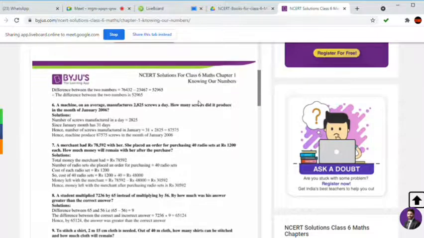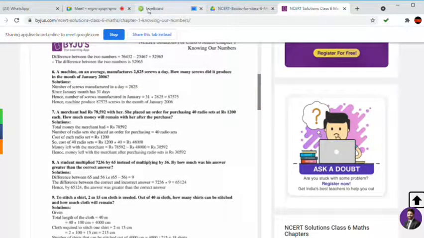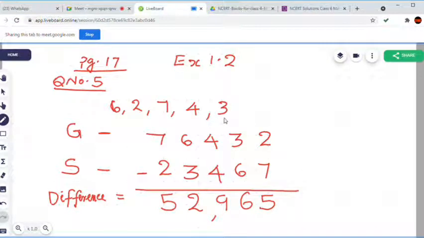So you can write number of screws manufactured in a day. Listen to the spelling in your textbook and complete it. Number of screws manufactured in a day.